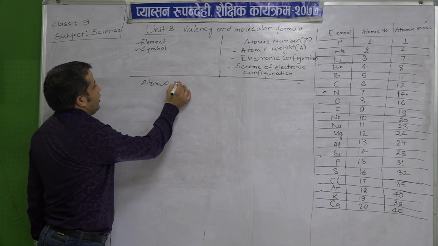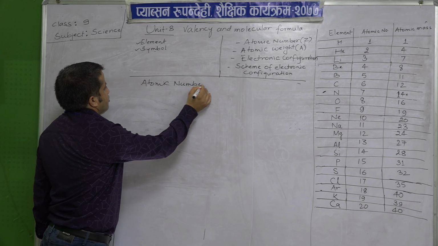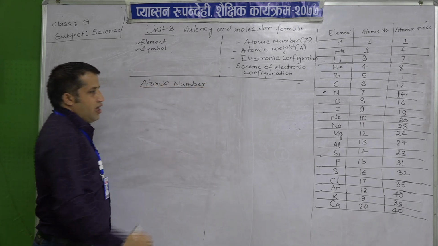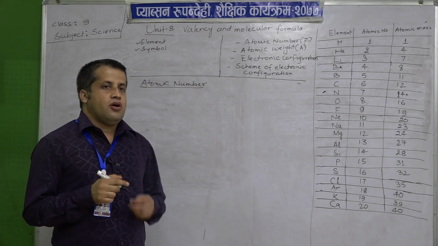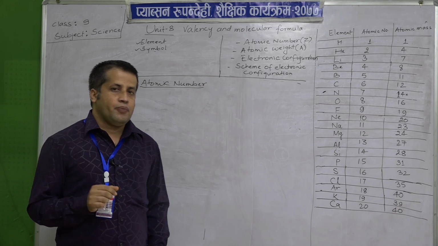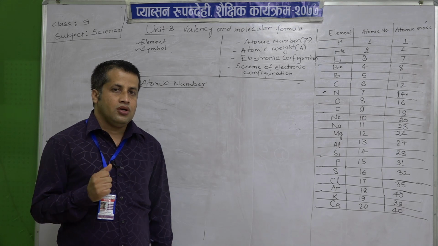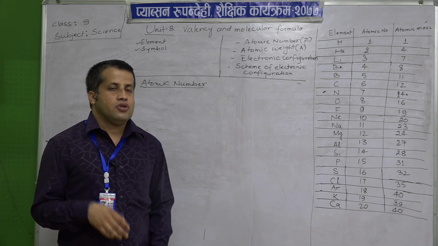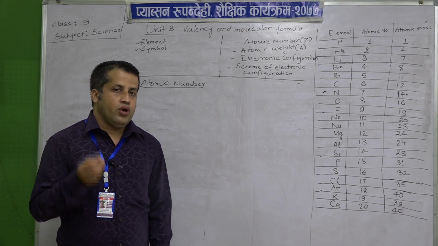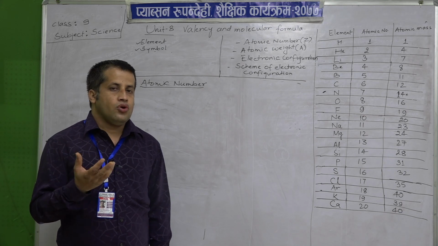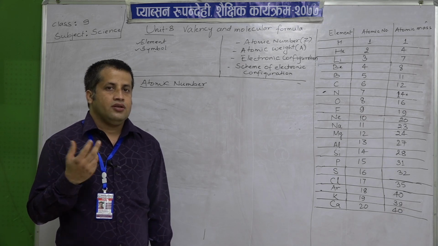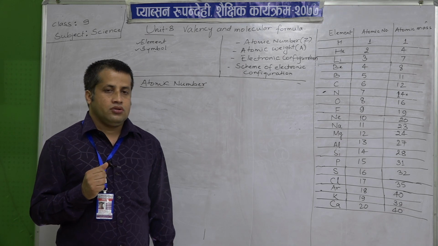Last time we studied that an atom is composed of 3 subatomic particles: neutron, proton and electron. We also discussed where neutron and proton are located and where the electron lies.